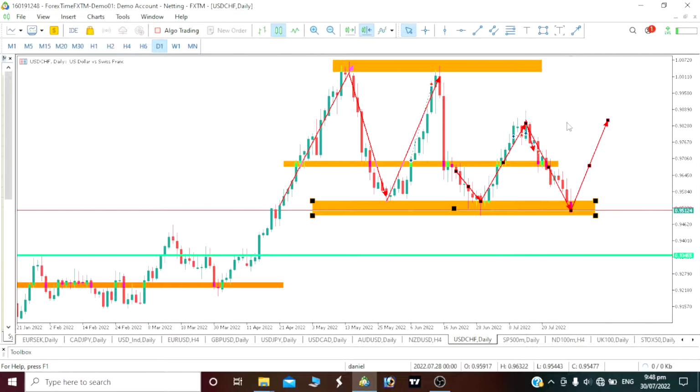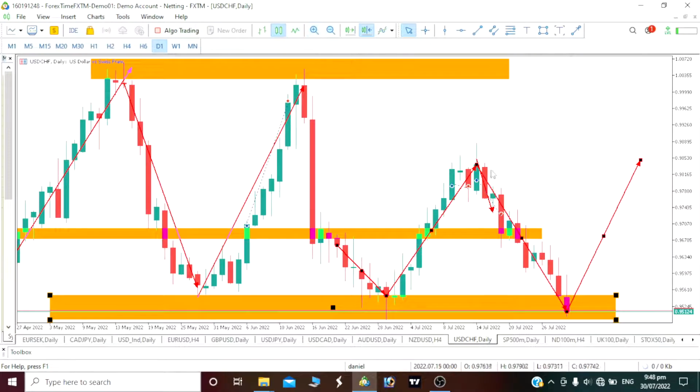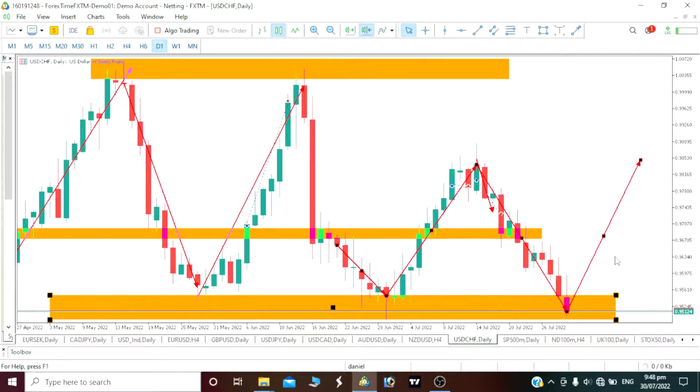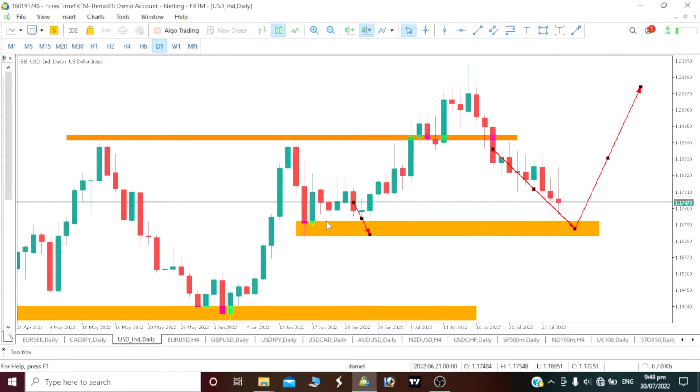Why our USD Swiss franc was falling is because our USD index has been falling. But once we start seeing that rise, then we will see that rise on our USD Swiss franc. See it this way. This is a key level here where our price came back, a pullback, it tested, it pushed up, it came here to test this area, serving as our support, and it pushed up.